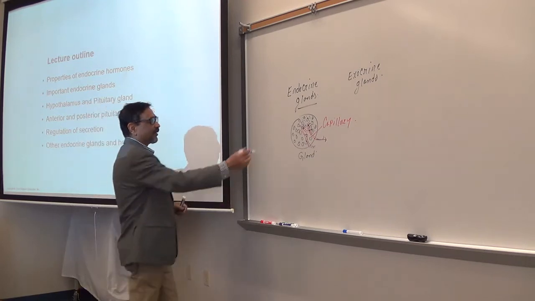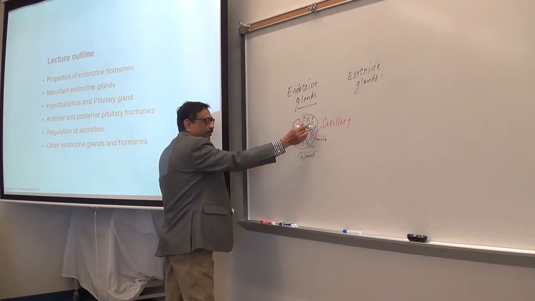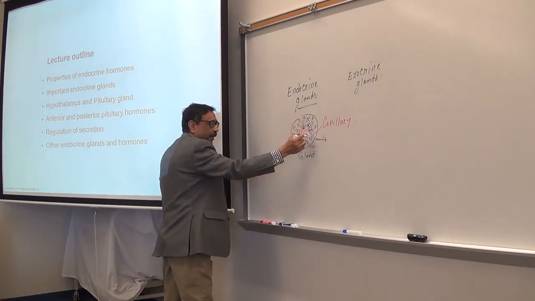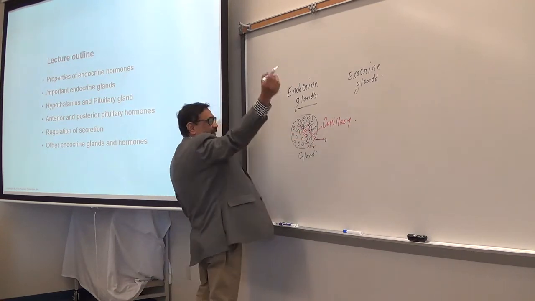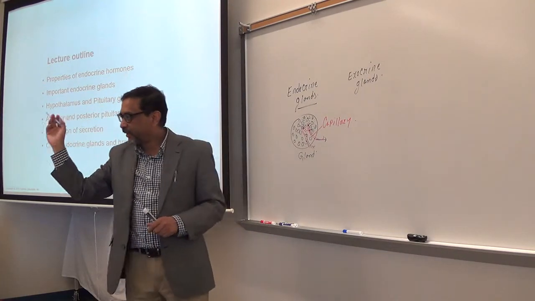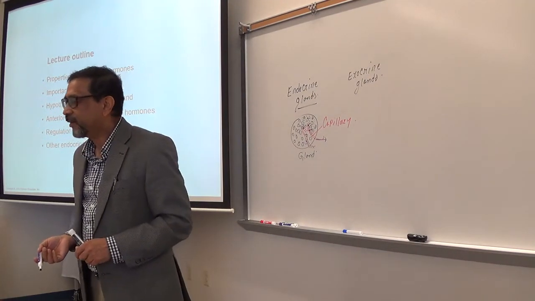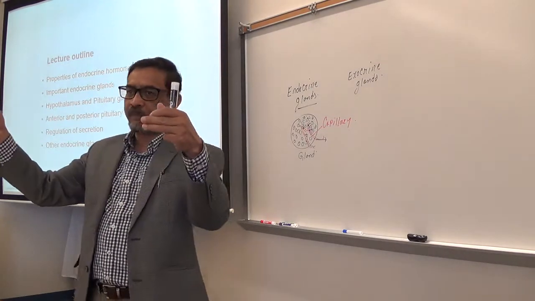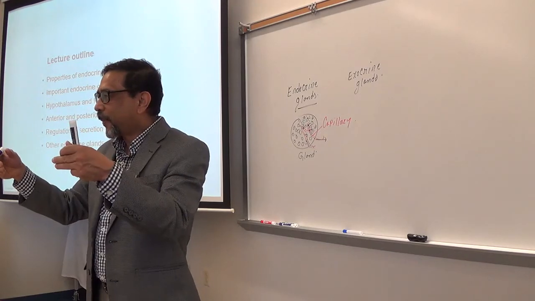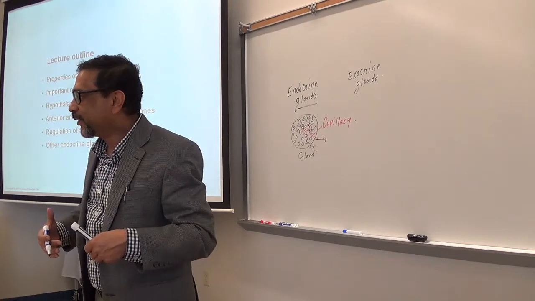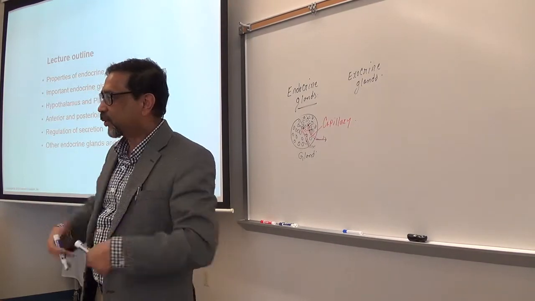Okay? So the cells first secrete the hormone molecules in the interstitial fluid. Then from there, the molecules enter into the capillary blood. Then blood takes it out from the gland. Is it clear? Blood takes it out from the gland. Now, you tell me, once the hormone enters into the blood, it circulates throughout the body, right? Blood circulates throughout the body.